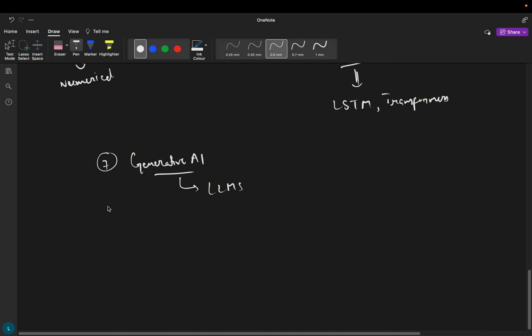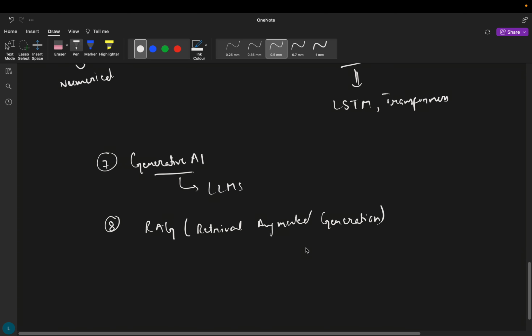After generative AI, I would recommend you to study about RAG models, that is retrieval augmented generation. RAG is basically when, let's say, you have a book and you want to extract some data from that book.